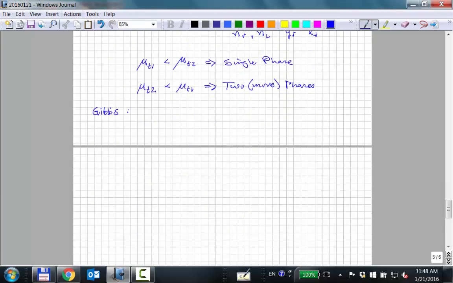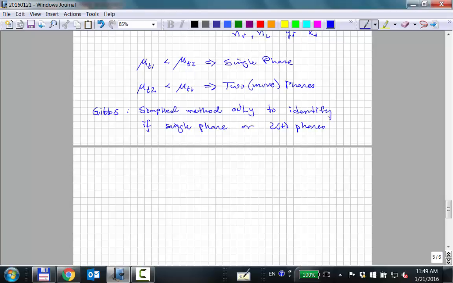But what Gibbs gave is a simplified search, or a simplified method, only to identify if it's single phase, or two or more phases.